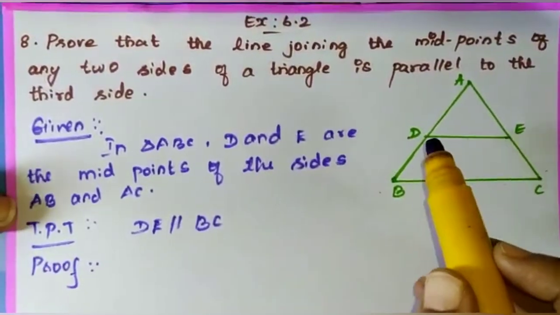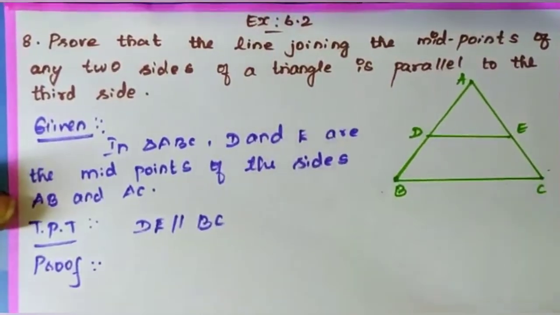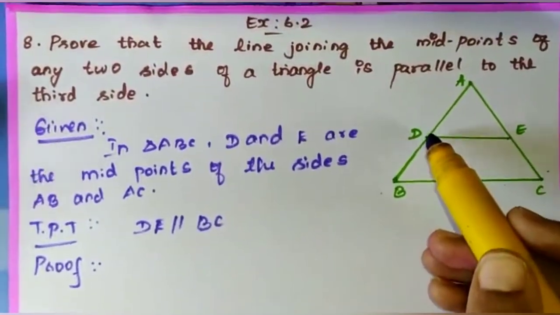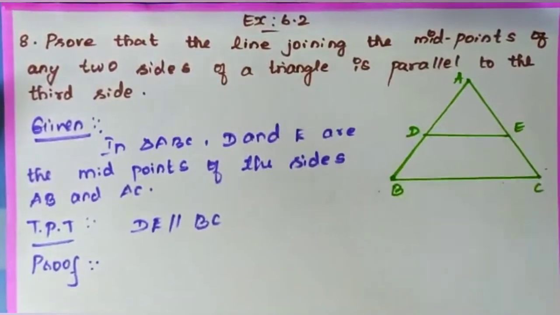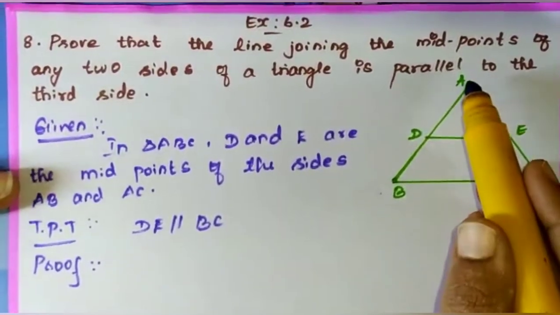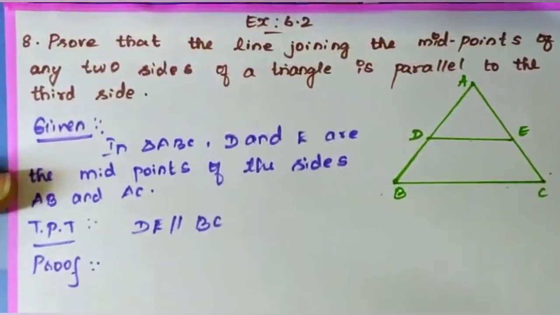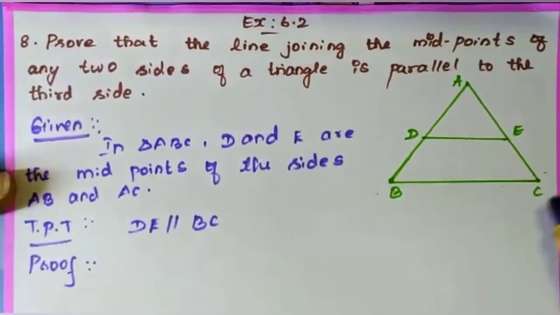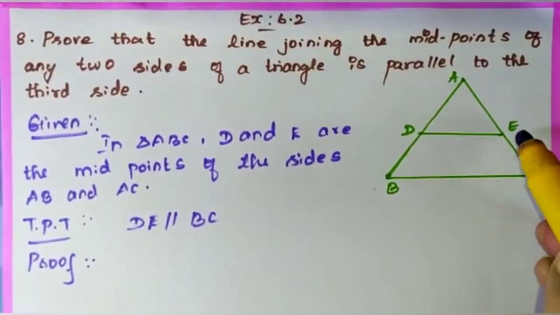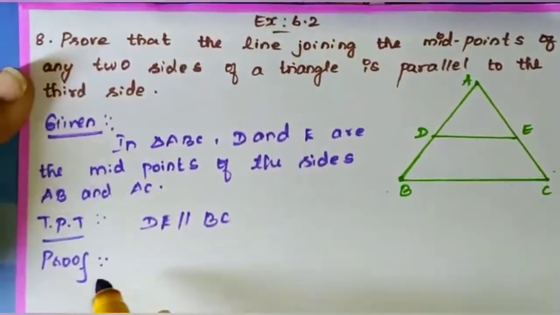So from the given only, we have to see what we have to take first. D and E are the midpoints. Since D is the midpoint, I can write that AD is equal to BD. And since E is the midpoint of AC, I can write AE is equal to EC. Clear?